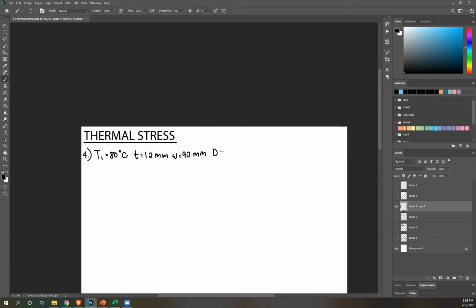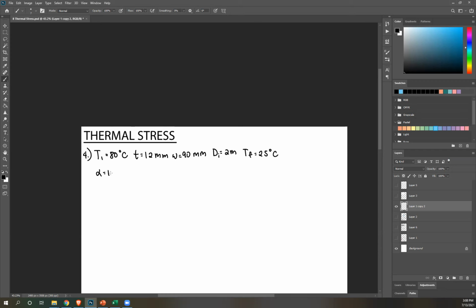Diameter of your tire is 2 meters. Usually when diameter is given, that's inner diameter. Okay. And then final temperature, it cools to 25 degrees Celsius.